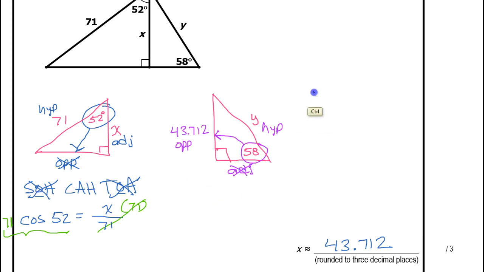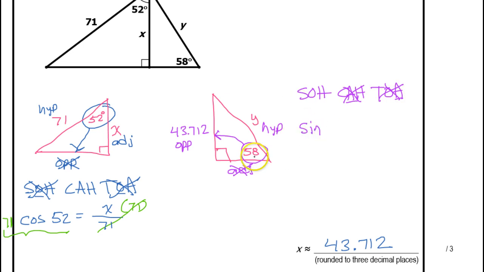So when we consider Sohcahtoa, adjacent is doing nothing. So cosine involves adjacent, throw it out. Tangent involves adjacent, throw it out. That's how we know we will be doing the sine function.